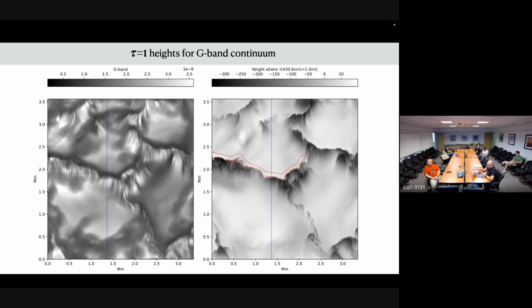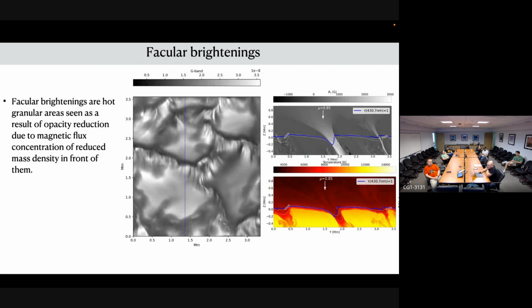We can see the height map here for this subregion. This is very useful because it can help us understand why we see these facular structures. Let's start with facular brightenings.